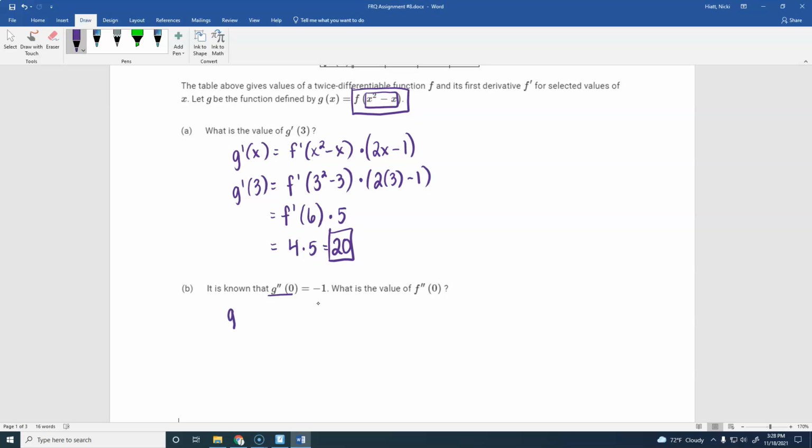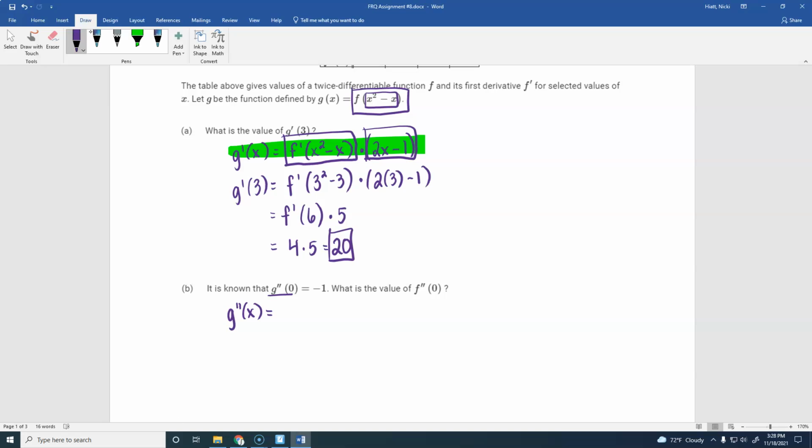So g double prime of x, we're going to have to go back up here to this part, and we are taking the derivative of this. This is going to have to be a product rule, because you've got this stuff times something else. It's going to have a chain rule sort of in it as well.